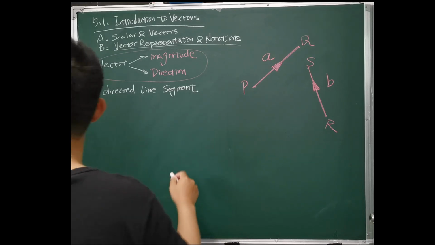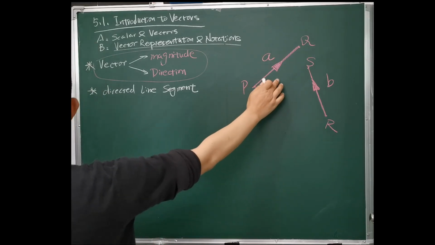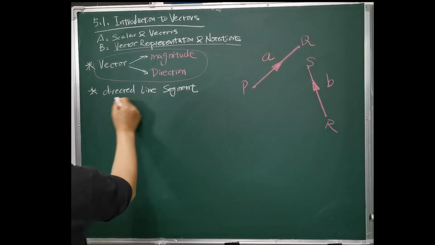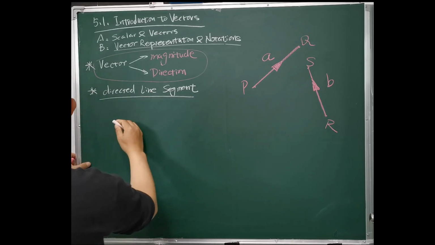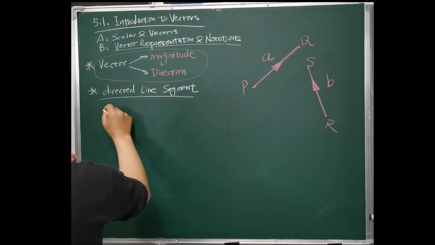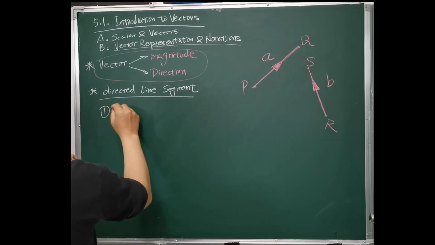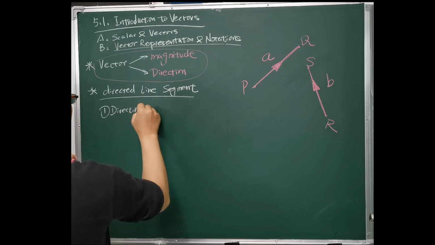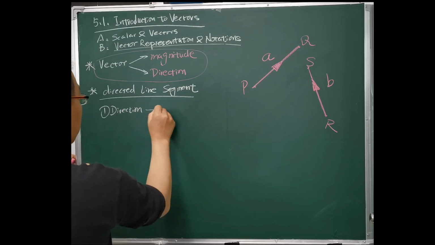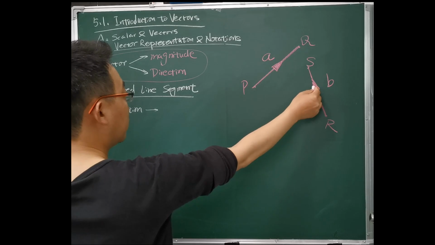So from here we have one direction line. Basically there are two items we are looking at. First item, direction: we use the arrow.